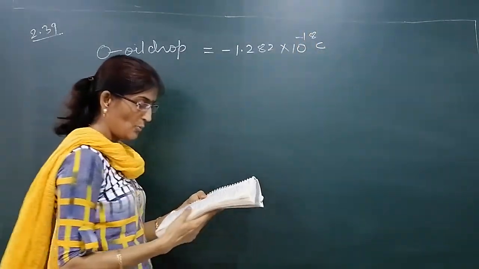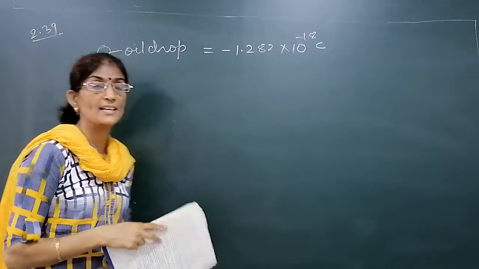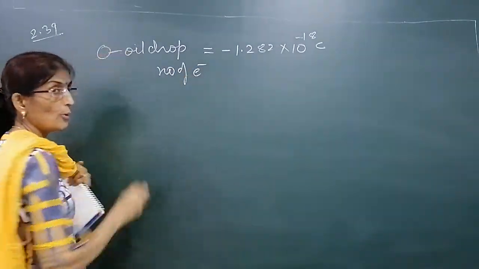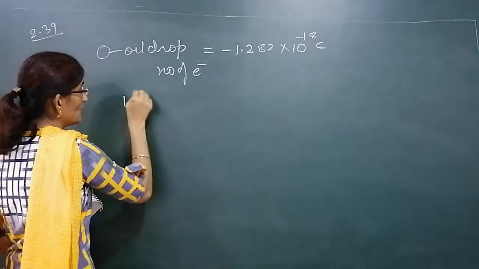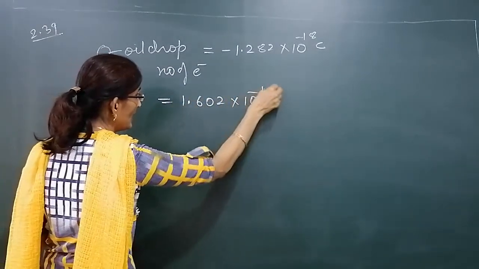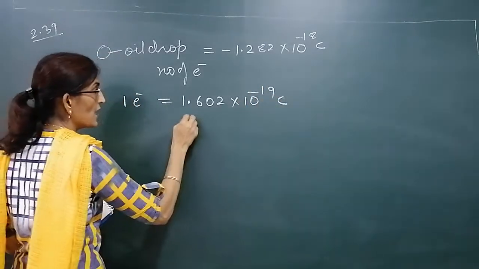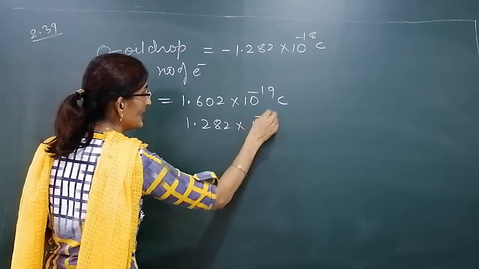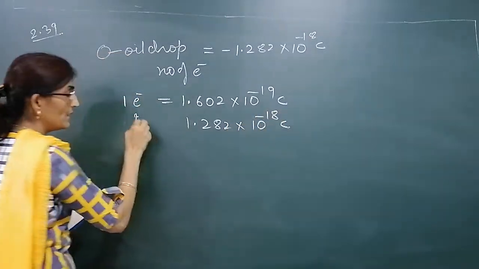He is asking how many electrons are present in it. We have to determine the number of electrons in this oil drop. We know that one electron has charge 1.602 × 10^-19 coulomb. If the total charge is 1.282 × 10^-18, how many electrons will be there?